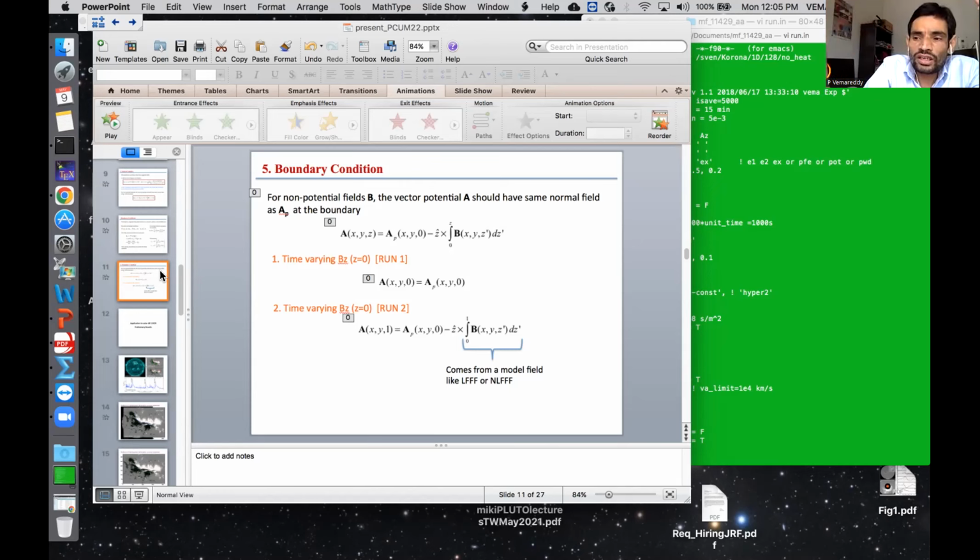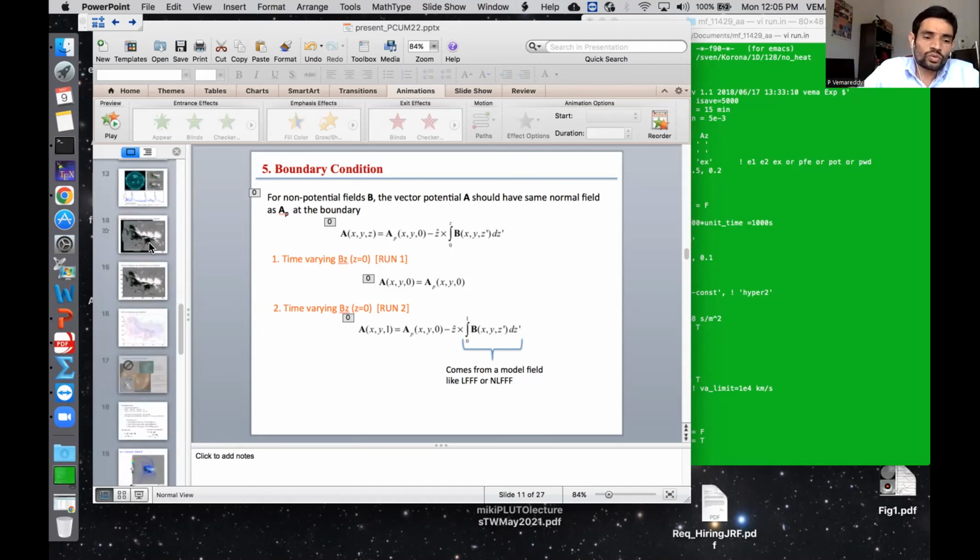Of course, the loss of resolution has some concerns, especially that we may lose small scale twisted structures. But by and large, we should get the same topology.